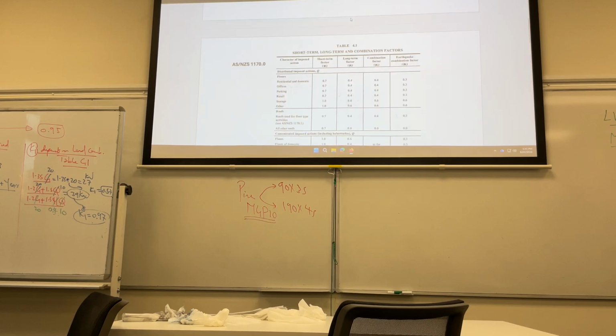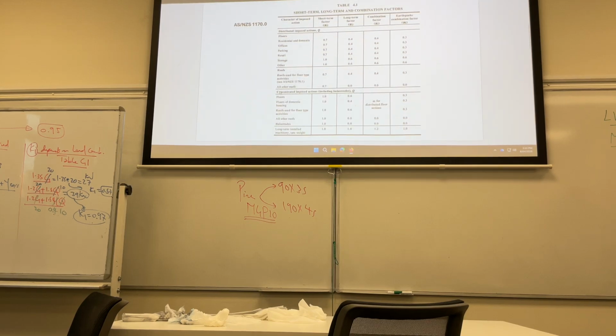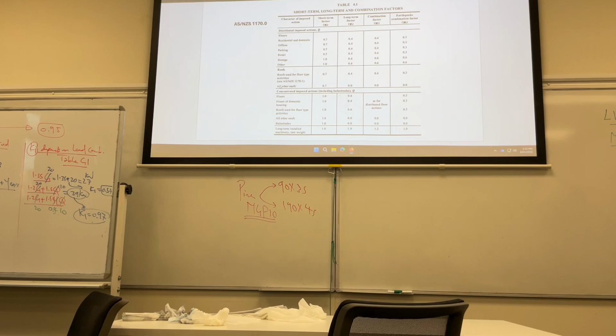So he gives us here the load combination and also epsilon L. What is epsilon L here? Are we concentrated or distributed live load? Concentrated. So the second row. The load comes from where? Roof.